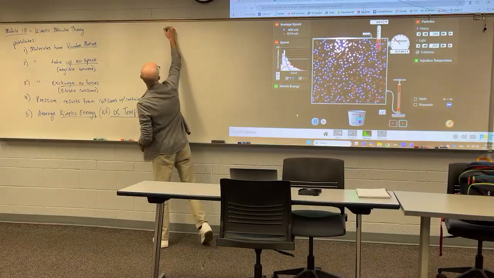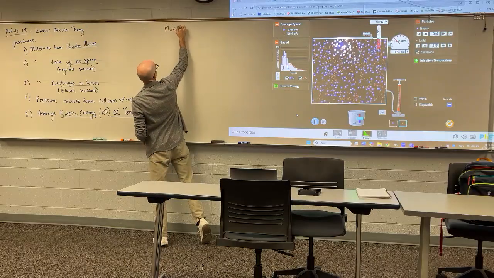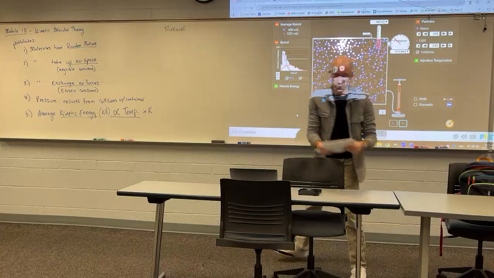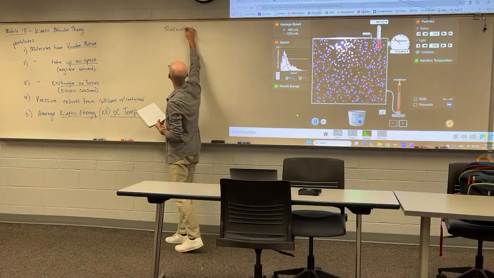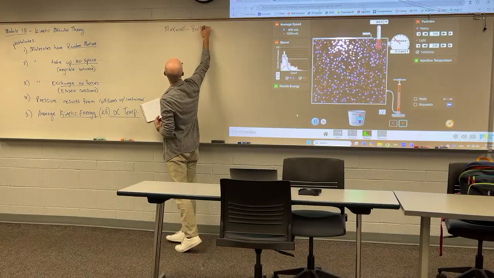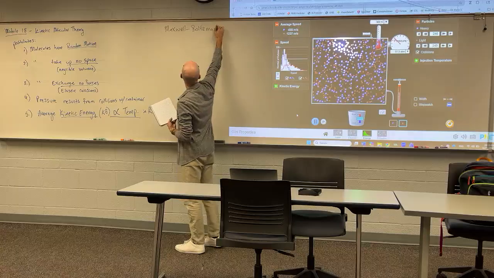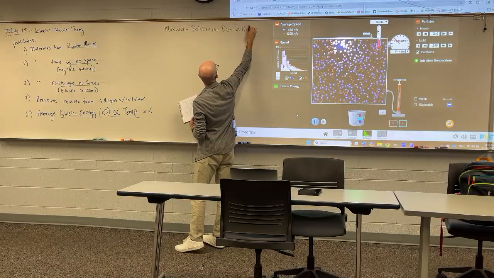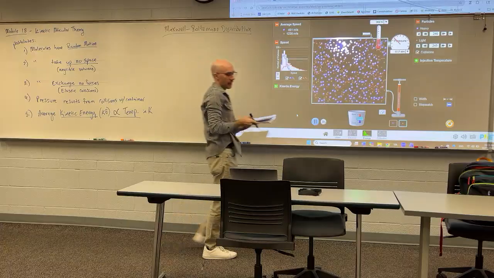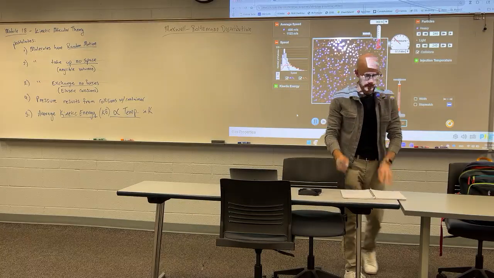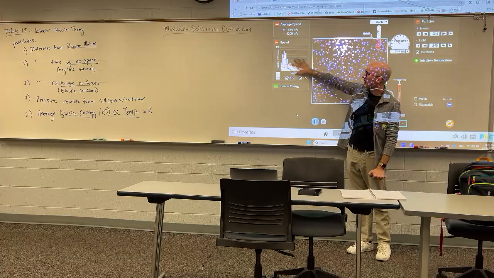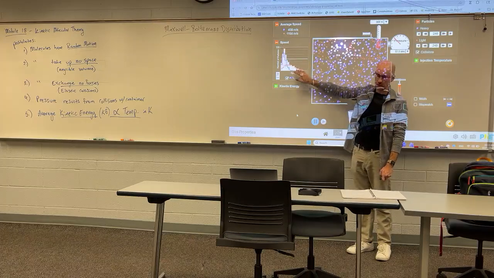There was a scientist named Maxwell and Boltzmann, and the distribution that's named after them is actually what we're looking at here in this graph.